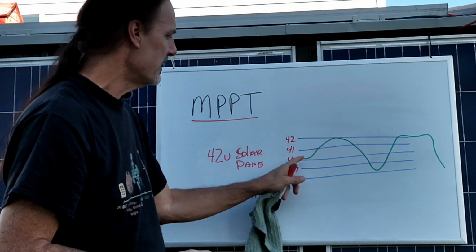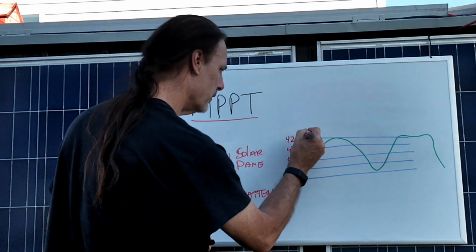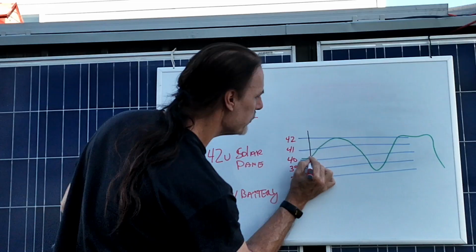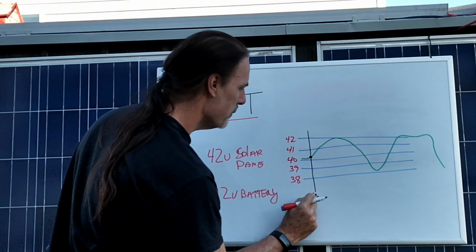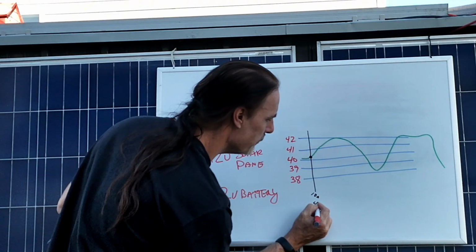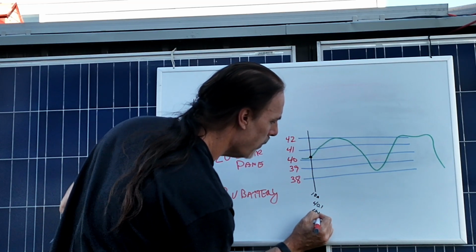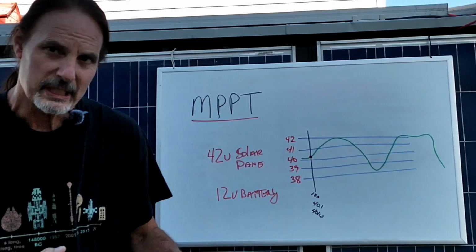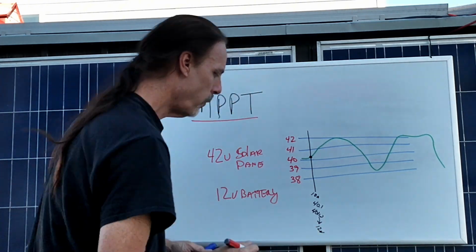At any given time in this cycle, for example if it takes a snapshot here, the MPPT is going to pull this voltage at 41 volts, and let's say there are 10 amps coming in. 10 amps at 40.1 volts would be 401 watts.